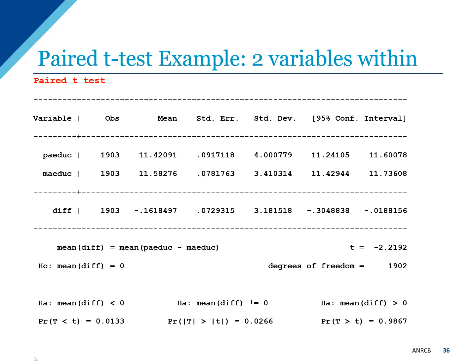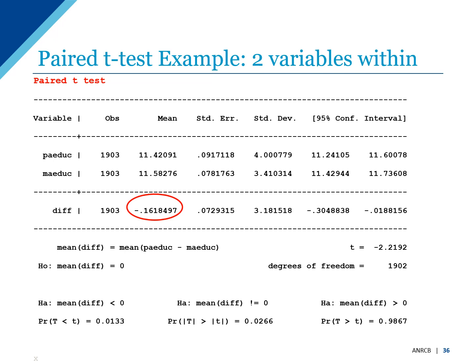Here's the Stata output for the paired t-test example. First, we see the null hypothesis of this test, which is H naught: delta equals 0, or mean difference equals 0. We can look at the mean education level in years for fathers and mothers in the data set and see that the mean value for mothers is a bit higher than for fathers, but we don't know if that's a significant difference.